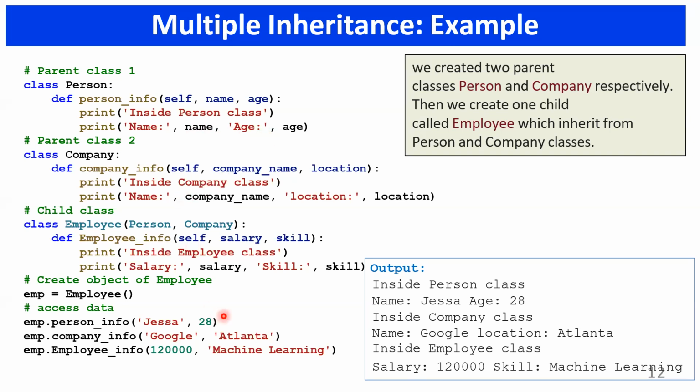And then with emp.company_info, it is going to invoke the method inside the company class, and it is going to print the company name and location. And then when we invoke employee_info, which is defined in the child class, it prints "inside employee class", and it also prints the values of salary as well as the skill, which is machine learning in this case.